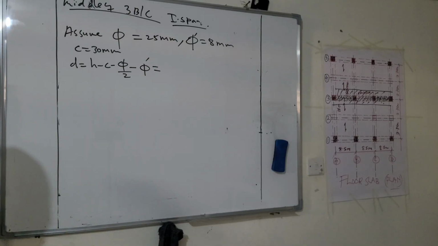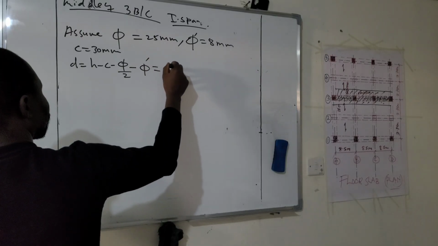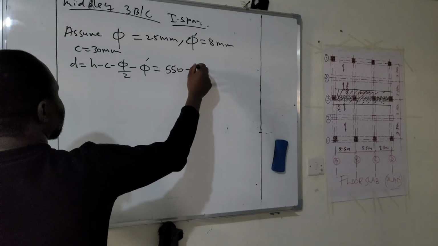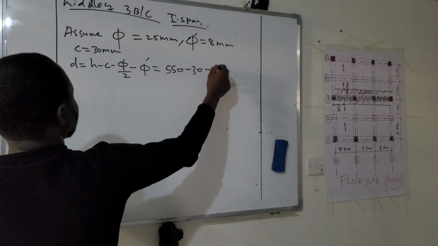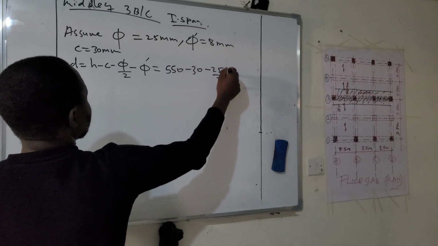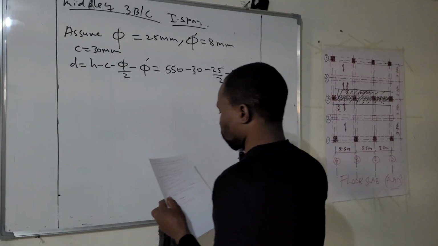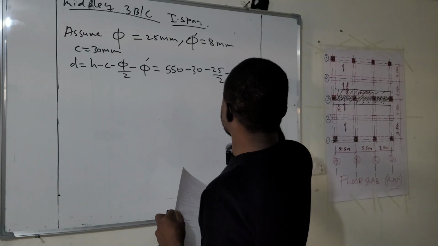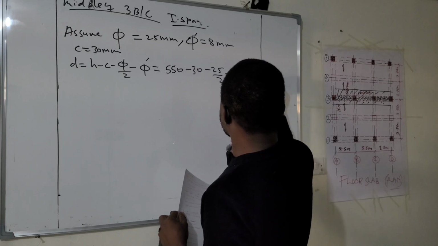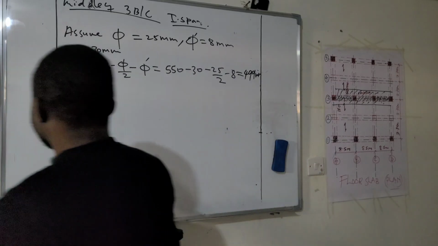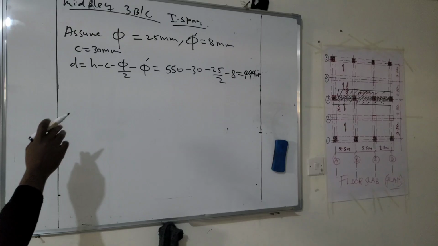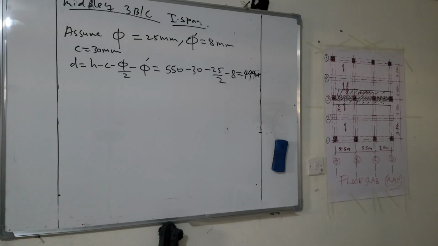So this one is equal to 530 minus 30 minus 25 over 2 minus 8. So this one is equal to 499. The same case as the first span.